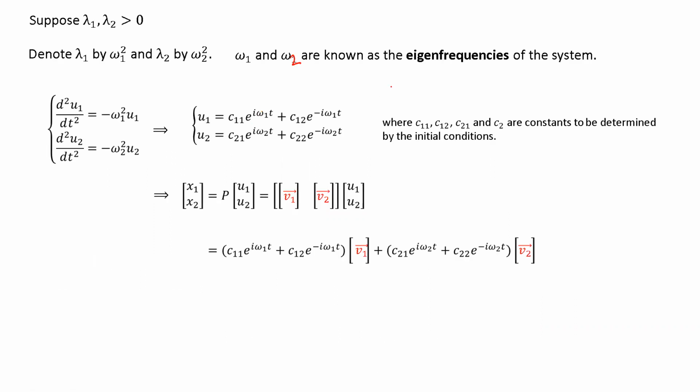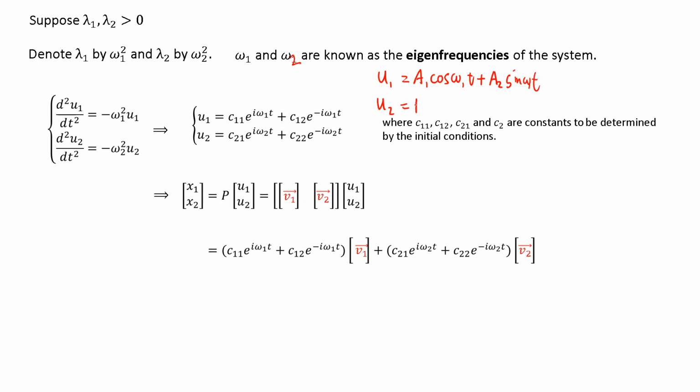So let me write over here that usually we might also write this u1 as A1 cosine omega1t plus A2 sine omega1t, right? Something like that.